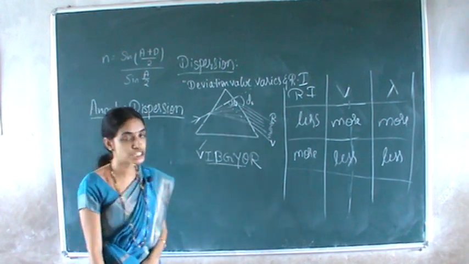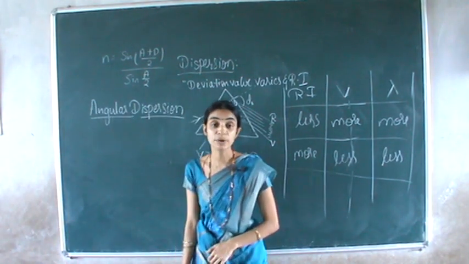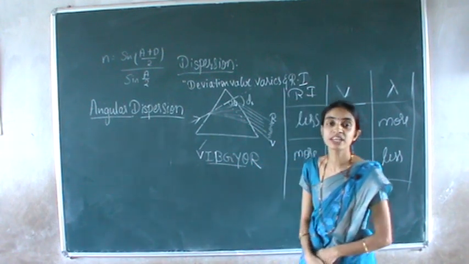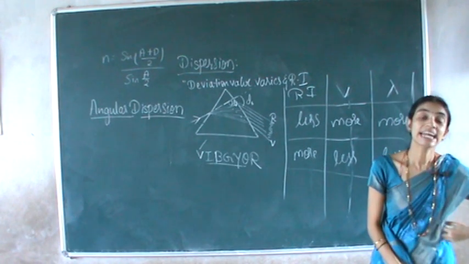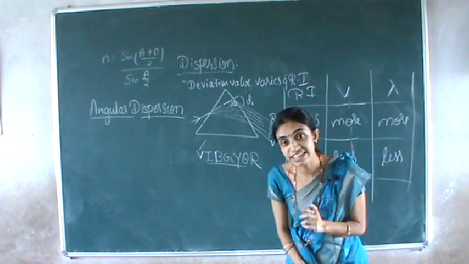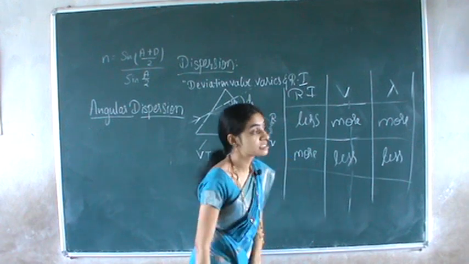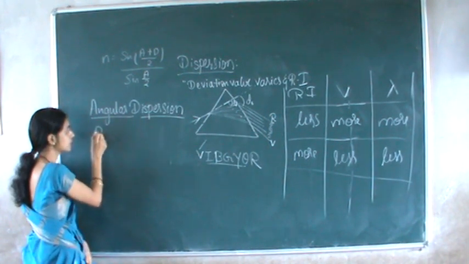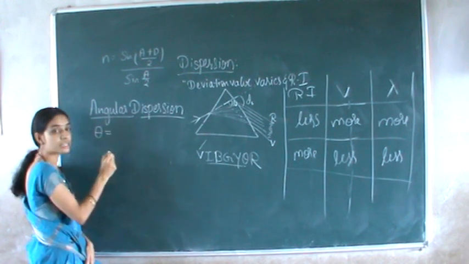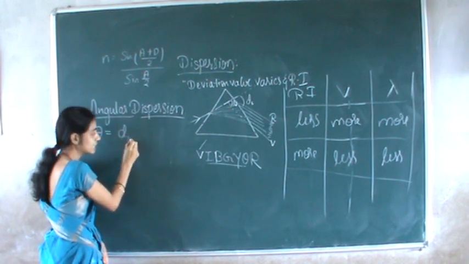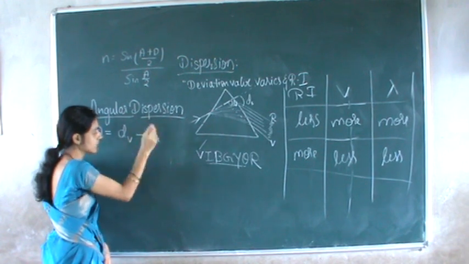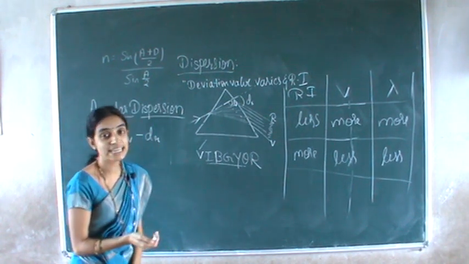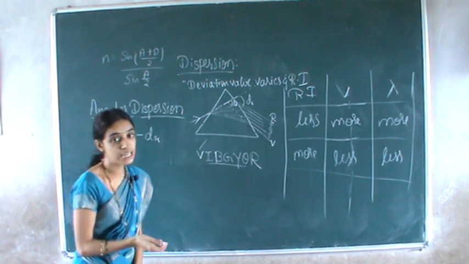Angular dispersion is the difference between the deviations of the two colors. If theta is the notation, then the value will be dV minus dR, where dV is the deviation produced by the violet color and dR is the deviation produced by the red color.